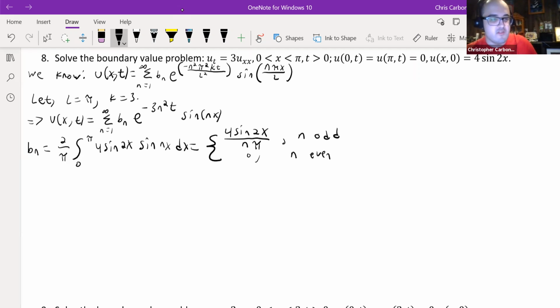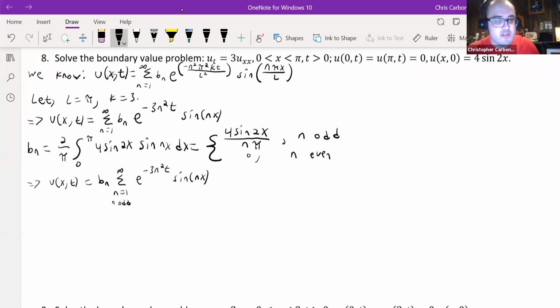Which then means from our solution up here, we have u of x comma t equal to, again, whatever b sub n is, times the sum from n is 1 to infinity, now for values of n that are odd, of e to the negative 3 n squared t times the sine of nx.